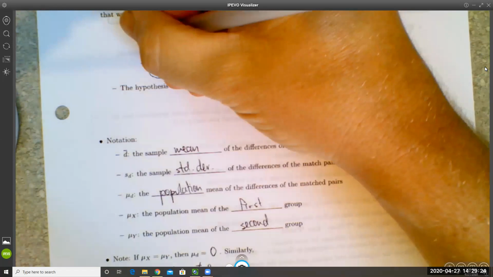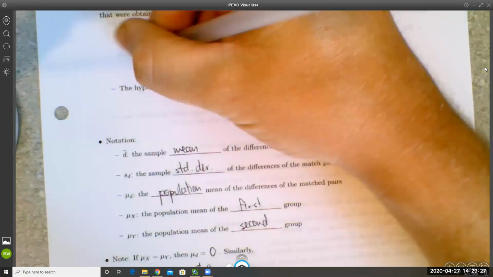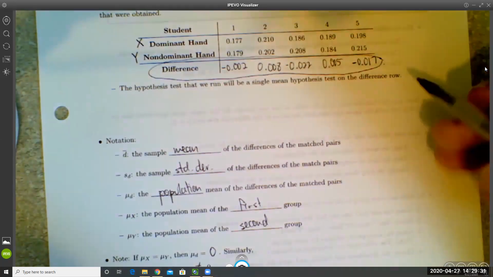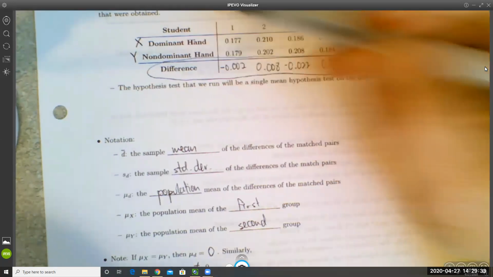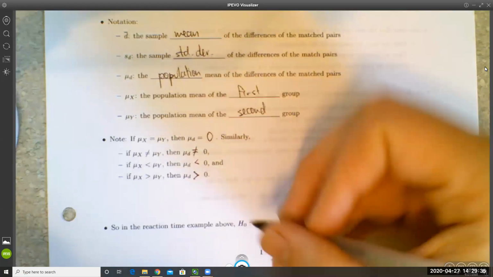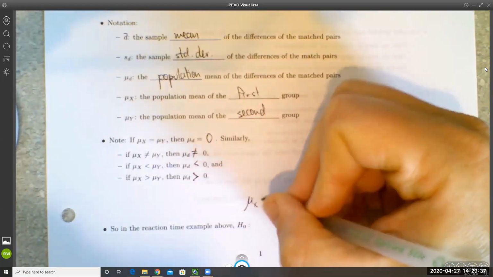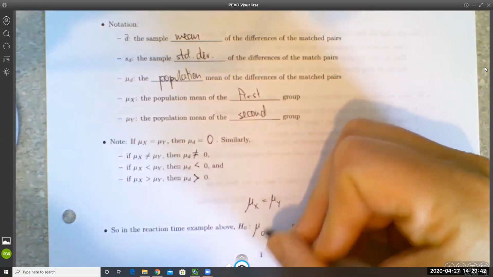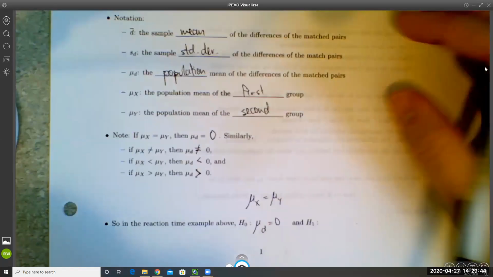So in the reaction time example here, if we call the dominant hand measurements group X and the non-dominant measurements group Y, we're trying to see if mu sub X equals mu sub Y. So in terms of mu sub D, we would say mu sub D equals 0.